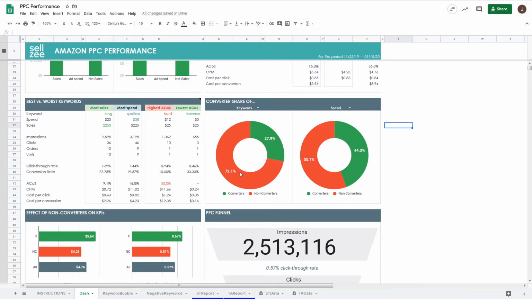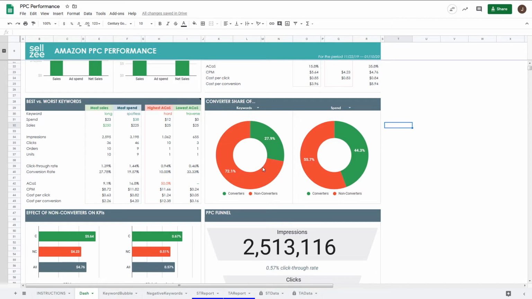So this is telling you that about 72% of your keywords are non-converting. Now, you know that's definitely a problem, right? But on the bright side, that 72% is actually only driving about 56% in ad spend. So at least they're not driving 72% of the spend, right?